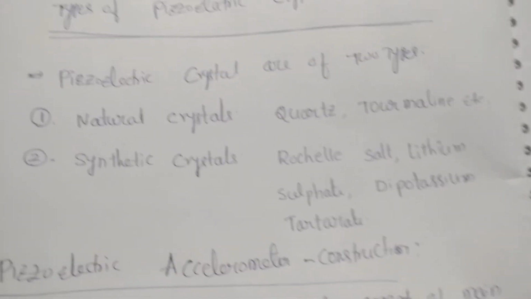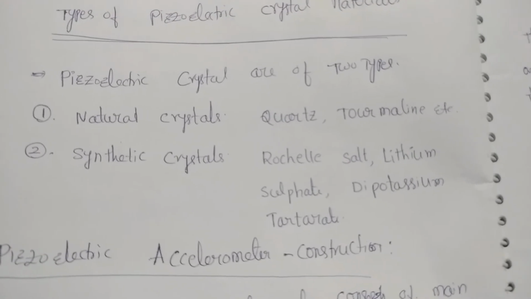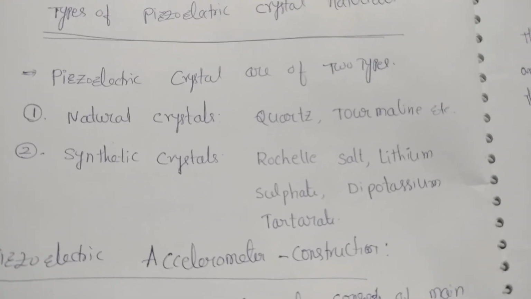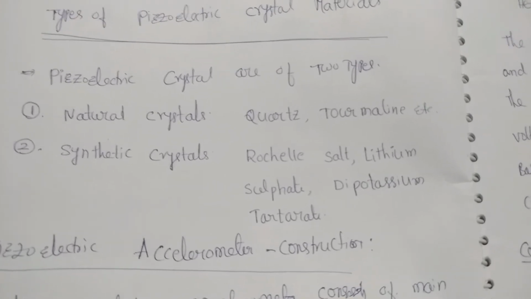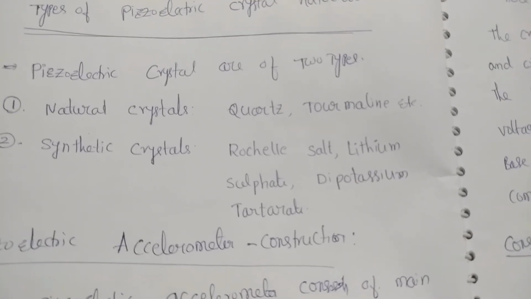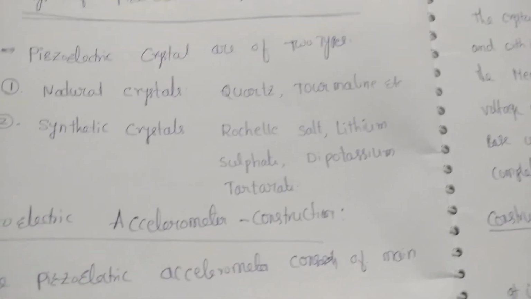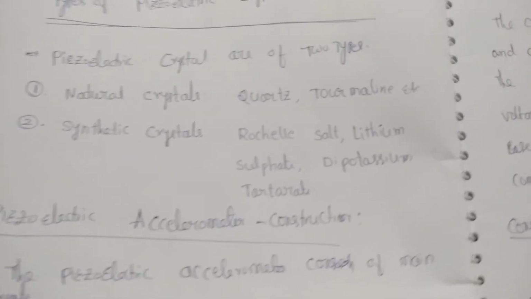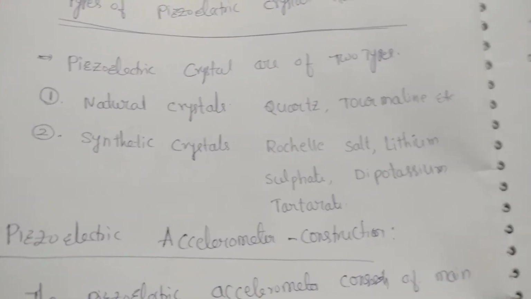One is natural crystals, whose examples are quartz and tourmaline. There are also synthetic crystals available, such as Rochelle salts, lithium sulfide and dipotassium tartrate. These are the two types of materials normally used in piezoelectric transducers.